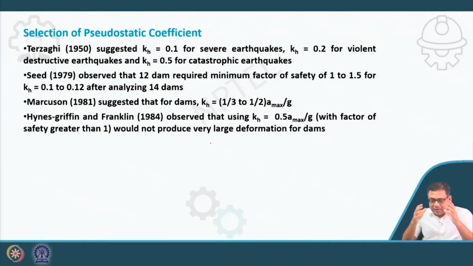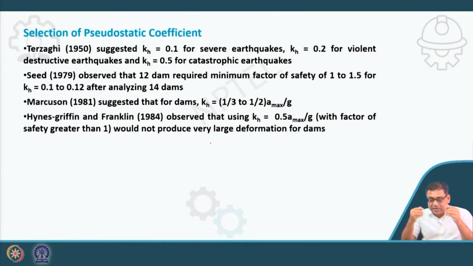There is another suggestion, the KH value between 1/3 to half of Amax by g. How do I get the Amax? That has already been discussed, how the Amax, or PGA, or PHA, you can get. So that KH recommendation is 1/3 to half of Amax by g.